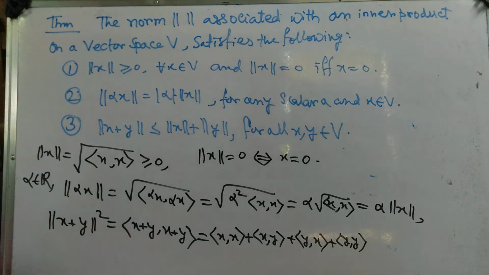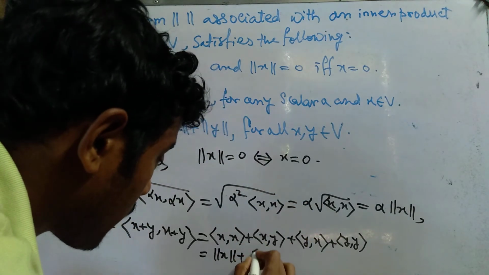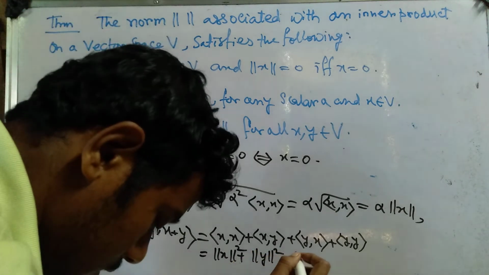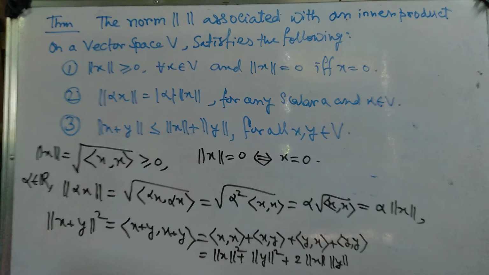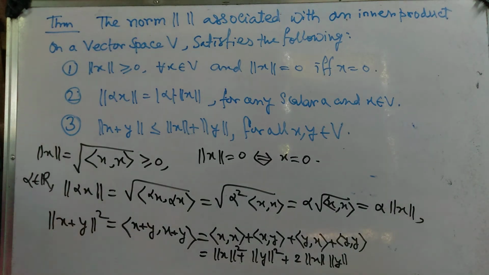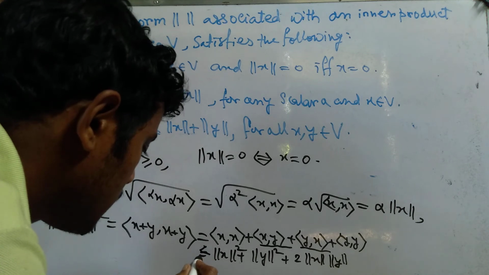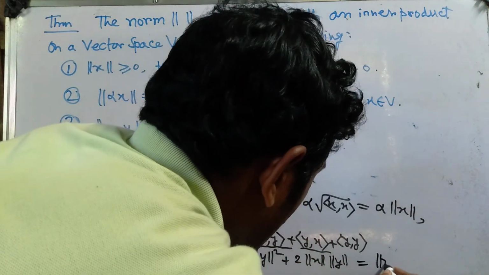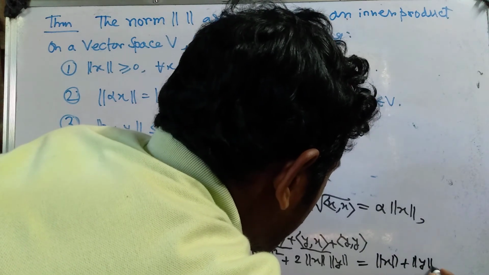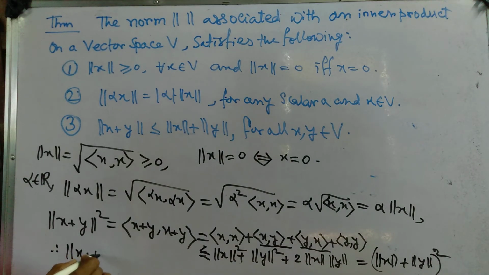Then this equals norm x squared plus norm y squared plus 2 times norm x norm y, and by the Cauchy Schwarz inequality this is less than or equal to norm x plus norm y, whole squared. So we obtain norm of x plus y less than or equal to norm x plus norm y.